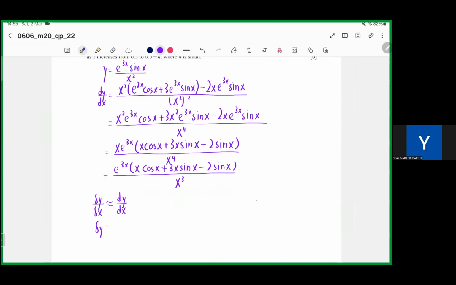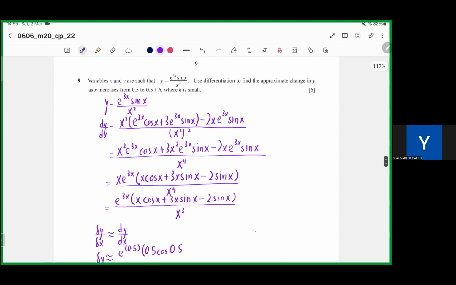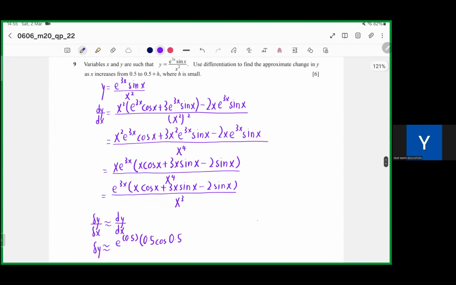So delta y is approximated by dy/dx, and we put the value 0.5, cos 0.5. Now I want to tell everyone, when you put the 0.1 in trigonometry, it is in radian measure.